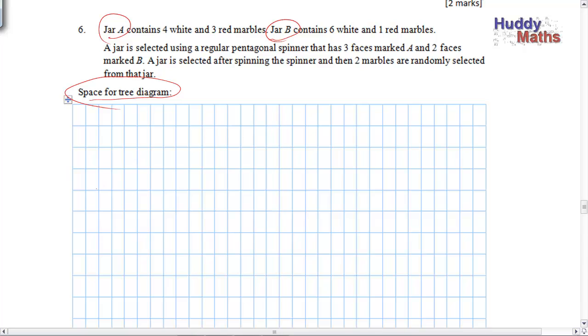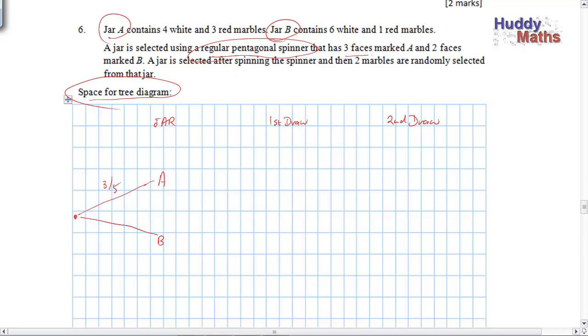So with a tree you will have 3 things here. You've got to choose a jar, and then you're going to have a first draw from the jar, and then a second draw. So we need to do our tree like that. We start down here somewhere, and we go, what's the probability of jar A or jar B, and there's a 3 fifths here using a pentagonal spinner.